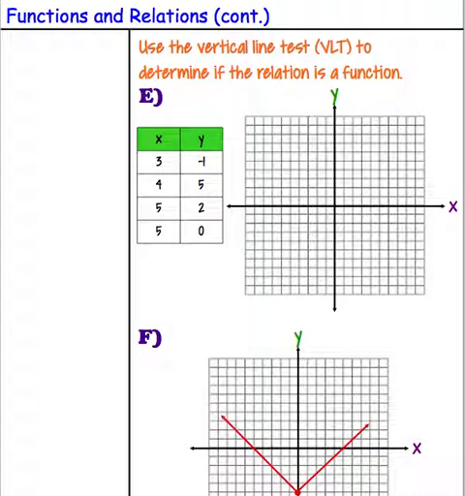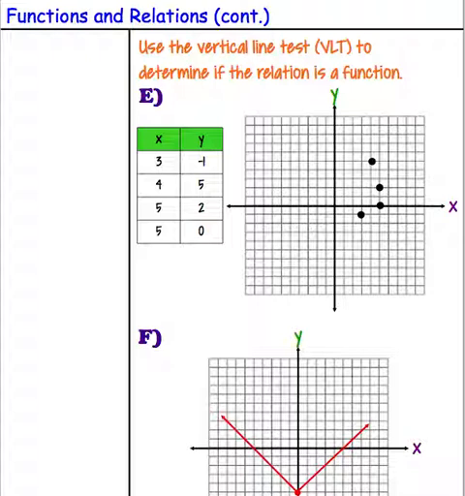And once again, I'm going to make a point. I'm going to go ahead and graph these at 3, -1, 4, 5, 5, 2, and 5, 0.